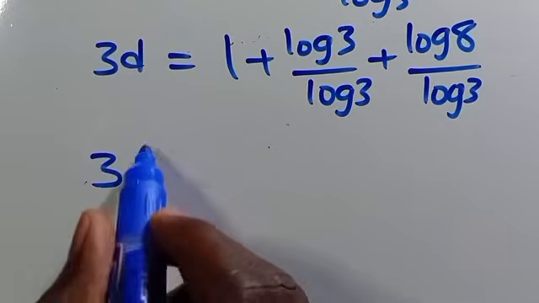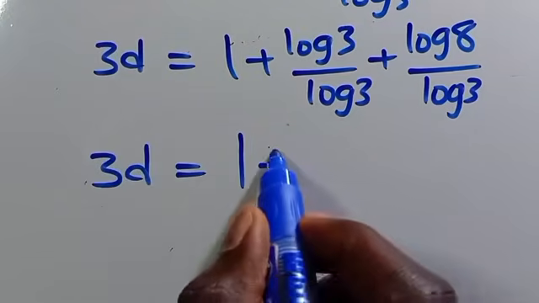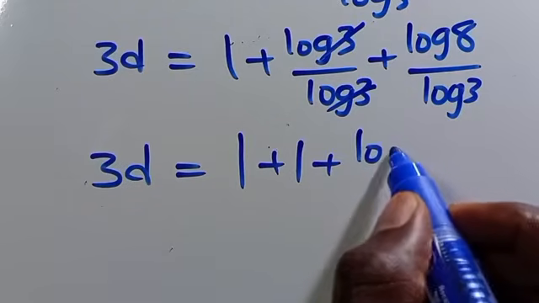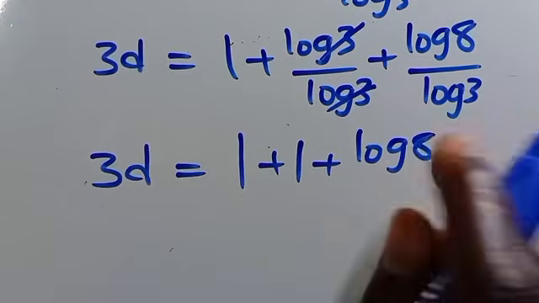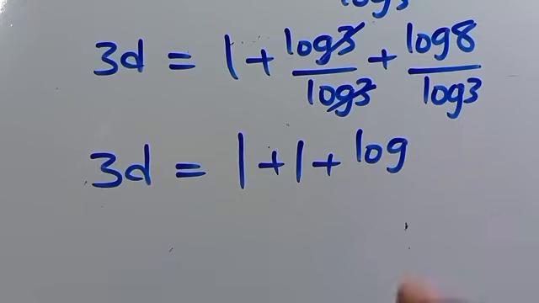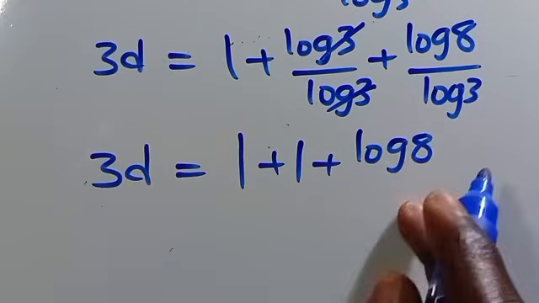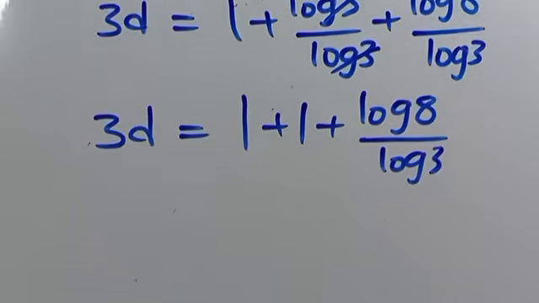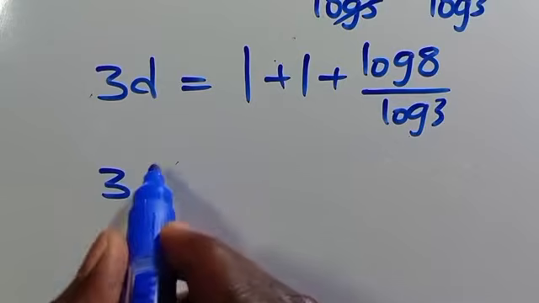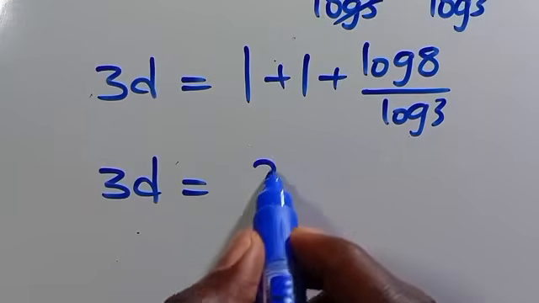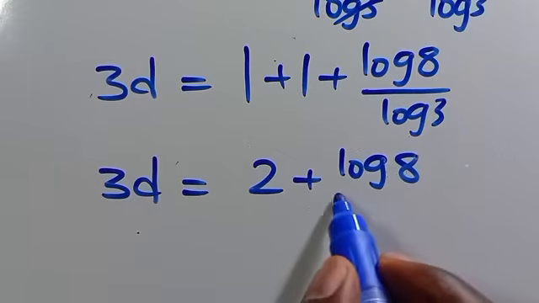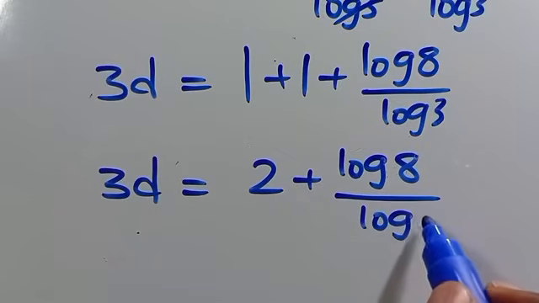So we have 3d equals 1, this will cancel this, will also be plus 1 plus log 8 over log 3. We have 3d equals 1 plus 1 will be 2, plus log 8 over log 3.